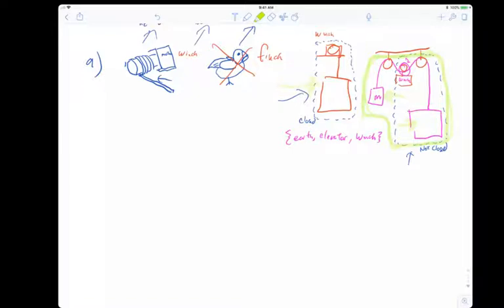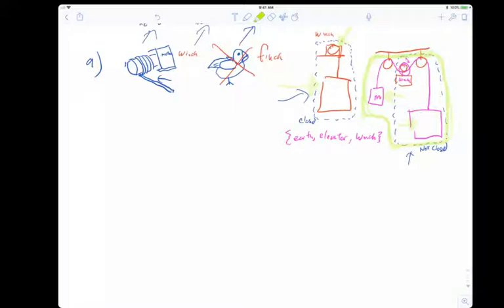In the first one, all of the change in gravitational potential energy needs to be offset by energy consumed and used up, potential or chemical energy, used by the winch. Okay?